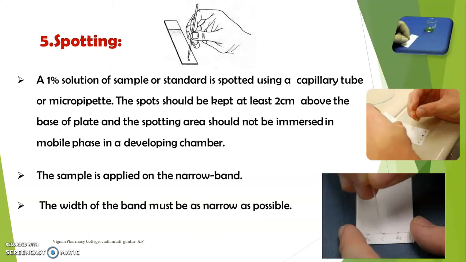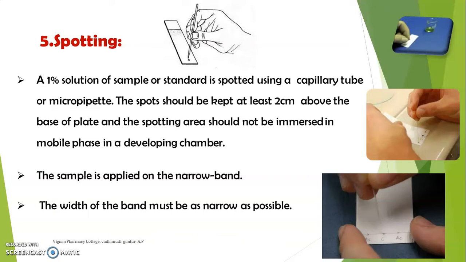The other point is spotting. A 1% solution of the sample or standard is spotted using a capillary tube or micropipette. The spot should be kept at least 2 cm above the base of the plate, and the spotting area should not be immersed in the mobile phase in a developing chamber.